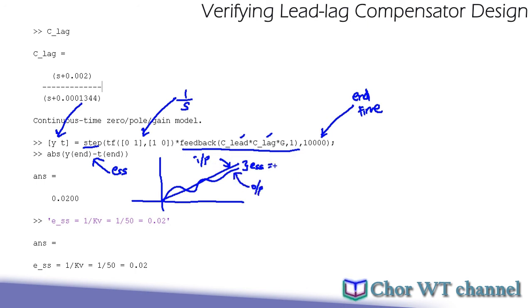So the steady state error is the output minus the input when time approaches infinity. Therefore, we take the very last value of the output minus the very last value of the time signal, and we get 0.02, which is actually 1/Kv. Remember the steady state error is 1/Kv and the requirement is 50 for Kv, and hence our 0.02 verifies our solution for the lag compensator.